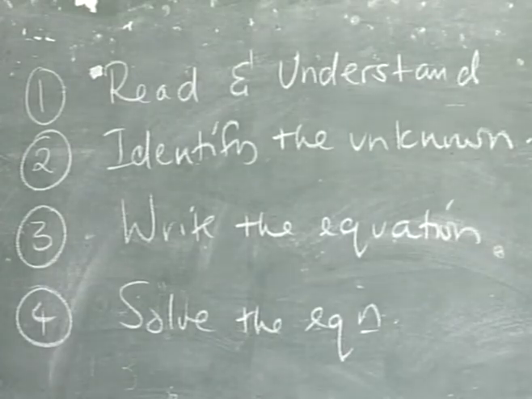If you don't understand the question the first time, read it over again. But the important thing is you have to know what the unknown is before you write the equation. I do not want to see you reading and then writing the equation straight up because I don't know what you mean by X. You have to know what the unknown is. Okay, so those are the 4 steps that you need to follow.